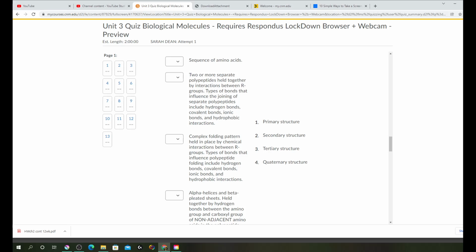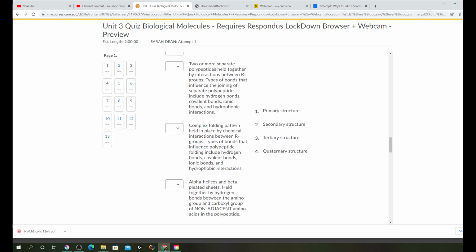So you have this long string of amino acids, and there are 20 possible amino acids. What sequence are they listed in? This has nothing to do with three-dimensional structure. This is just a list of what's in the string, in order. That's primary structure. Secondary structure doesn't have anything to do with the R groups. It has to do just with hydrogen bonding between amino groups and carboxyl groups of non-adjacent amino acids.